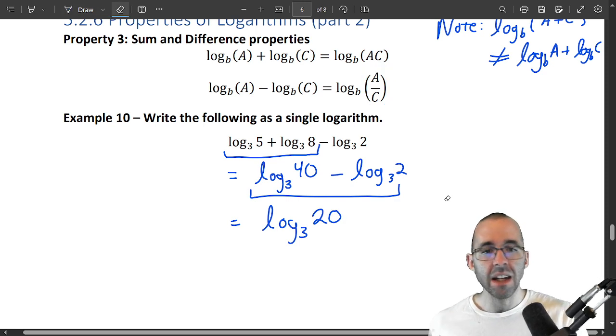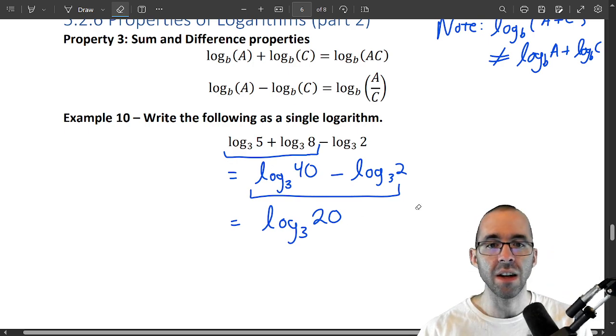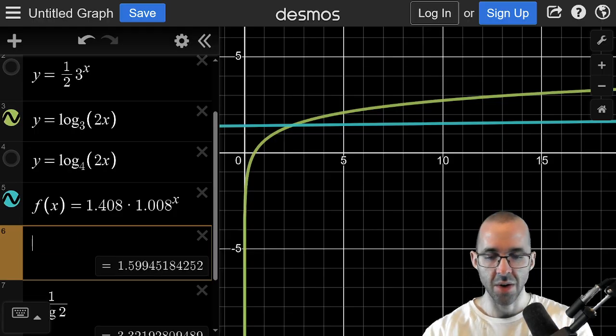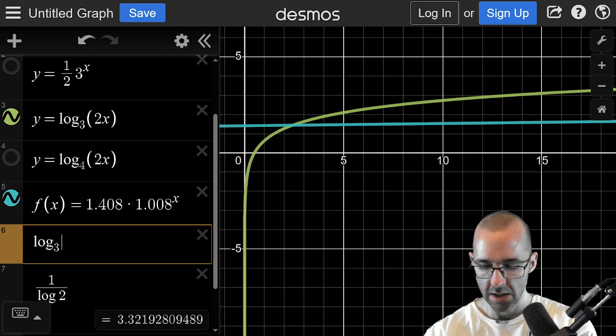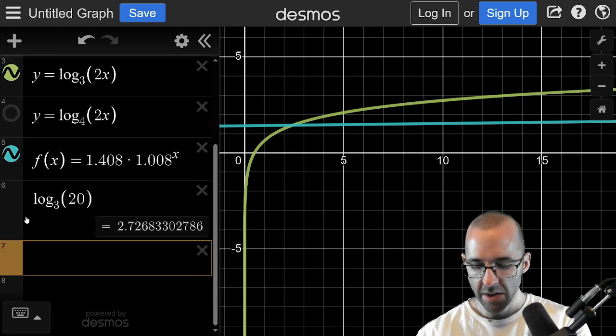And if we type in any of these things, we'll get the same number. What's log base 3 of 20? I certainly don't know off the top of my head. Is that the same thing as what we started with?